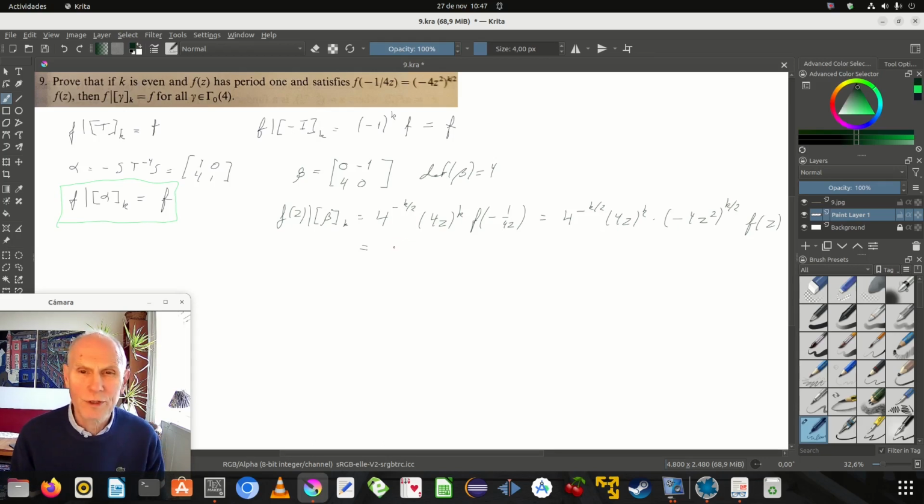What's the point of this? Well, 4 to the kth and minus z squared to k halves f of z.